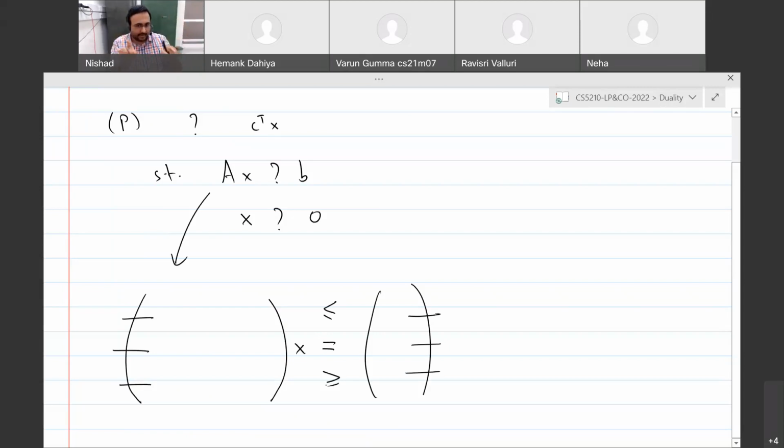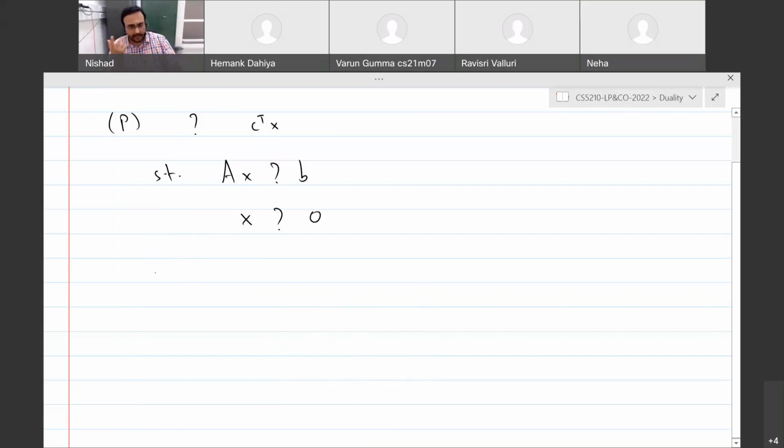We can write down a vector of less than or equal to and greater than or equal to signs. We'll also see a concrete example. And when I say X question mark 0, I want you to think of it the same way. Some of them would be less than or equal to, some greater than or equal to, and some of them will be free variables. I'm going to abuse notation, and say x free 0 to mean x is a free variable. So there's some abuse of notation here.